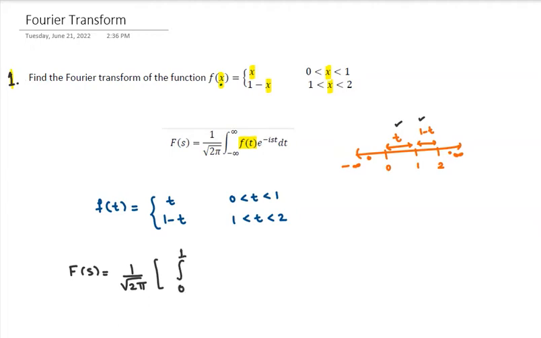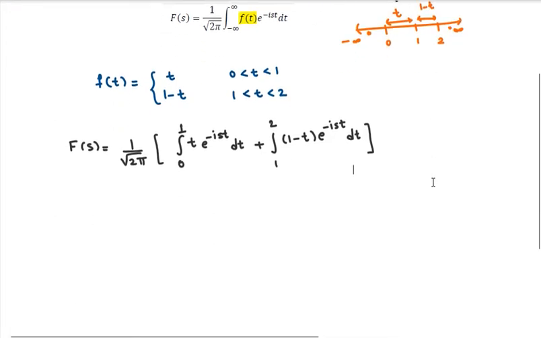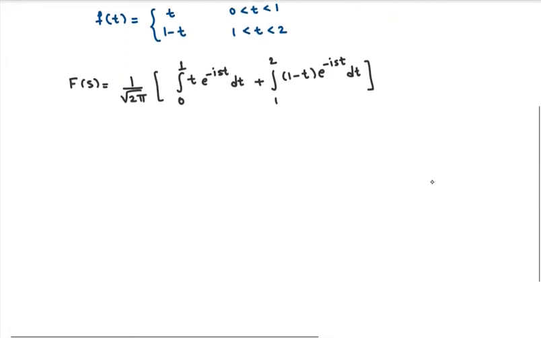One is from 0 to 1, where f of t is t, times e power minus iota st dt, plus in the interval 1 to 2 the function f of t takes the value 1 minus t, times e power minus iota st dt. Correct? Now both become definite integrals and we have to integrate them.